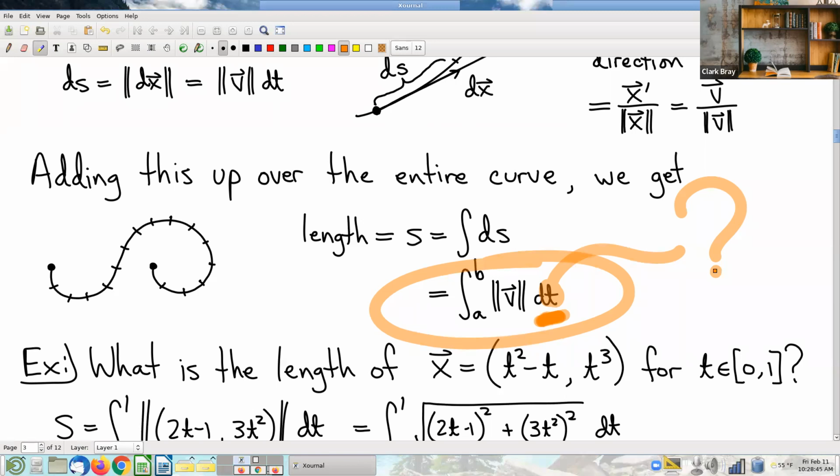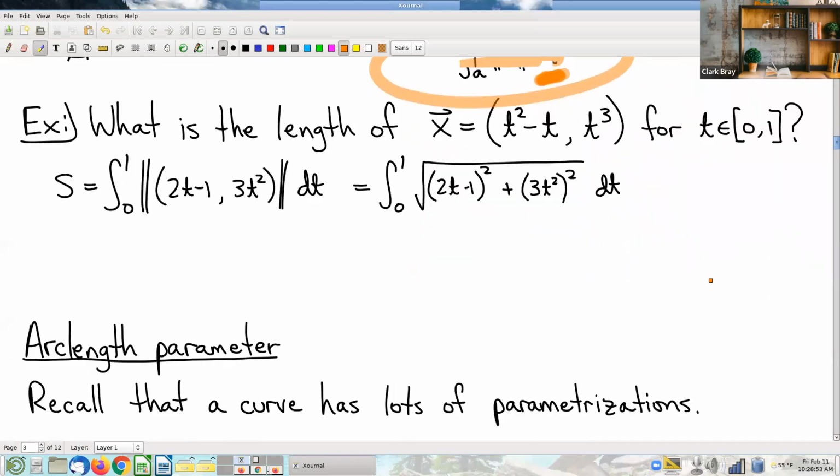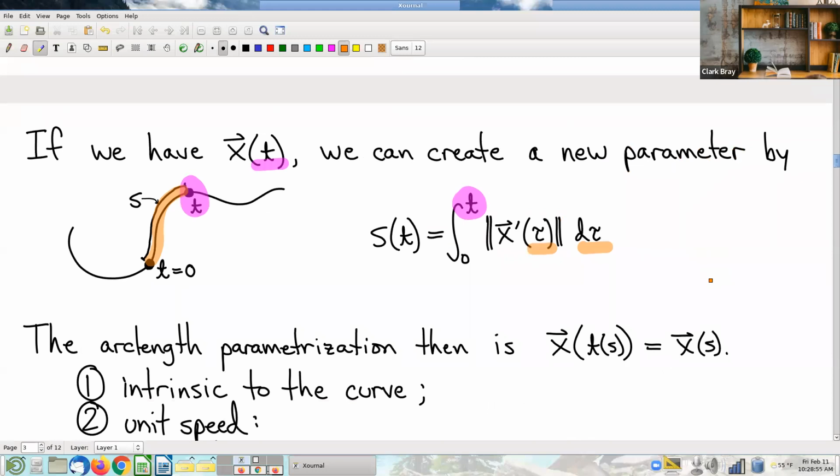You could use j or q or whatever. Same deal here. This t is just an arbitrary choice. And likewise here, I'm using tau because I really couldn't use t, but changing the dummy variable doesn't matter. Is that satisfying? Yeah, okay. Great question.